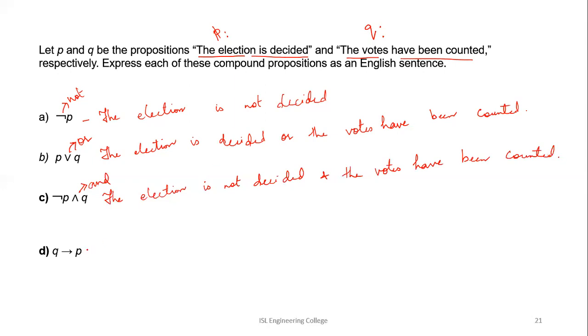After that, the last statement is implication. Over here we have Q first. So if Q, then P. So this will be written as: if the votes have been counted, then the election is decided.